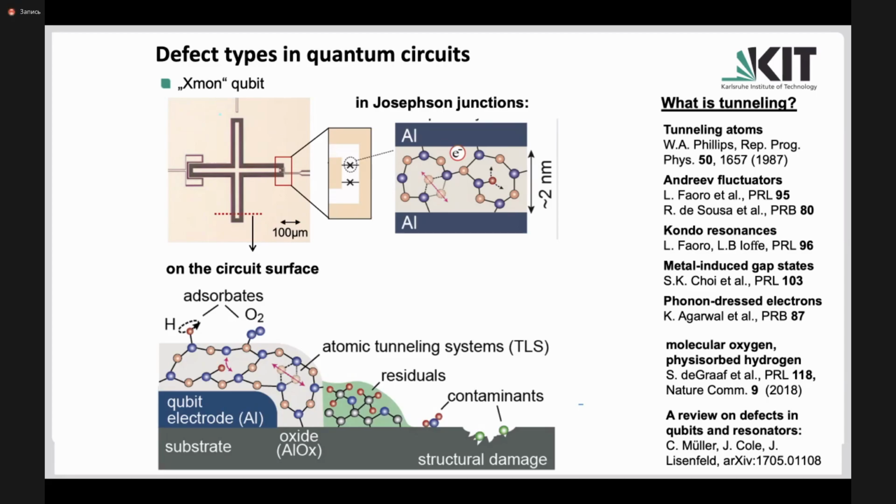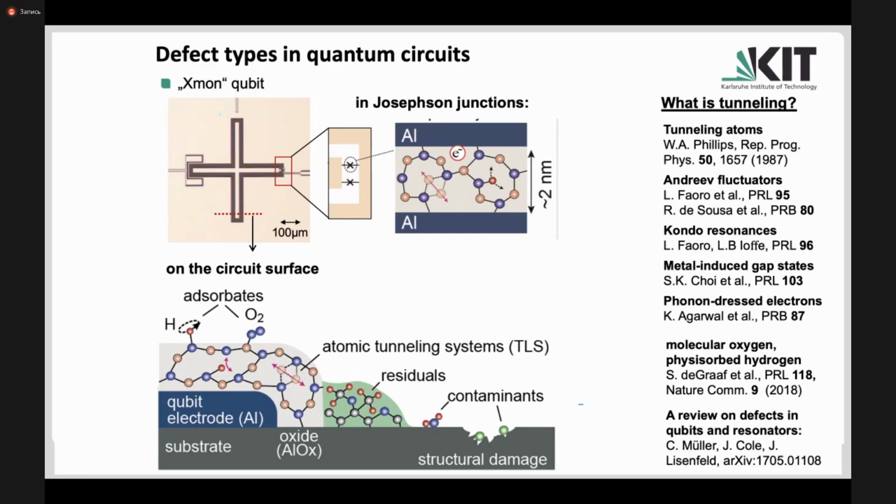They are formed also on the surface of superconductors, on the surface of the substrate. They can form in the oxides, which are formed once you take the aluminum film into the atmosphere, and many other locations. This could be adsorbates, residuals, contaminants, and so forth.